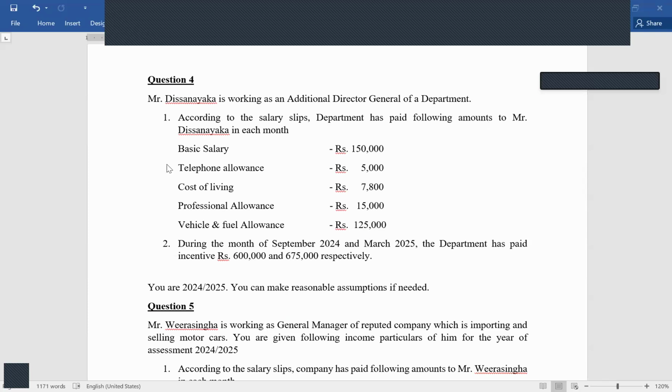Here it says the following amounts to Mr. Disanaik according to the slip the department has paid. That means the department has already paid vehicle and fuel allowance. So it has been mentioned. Because of that, again, you cannot assume that it is not an entitlement.